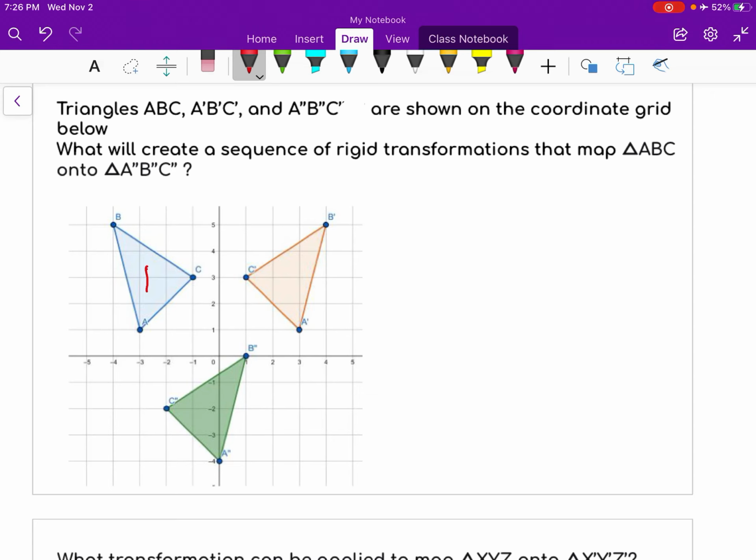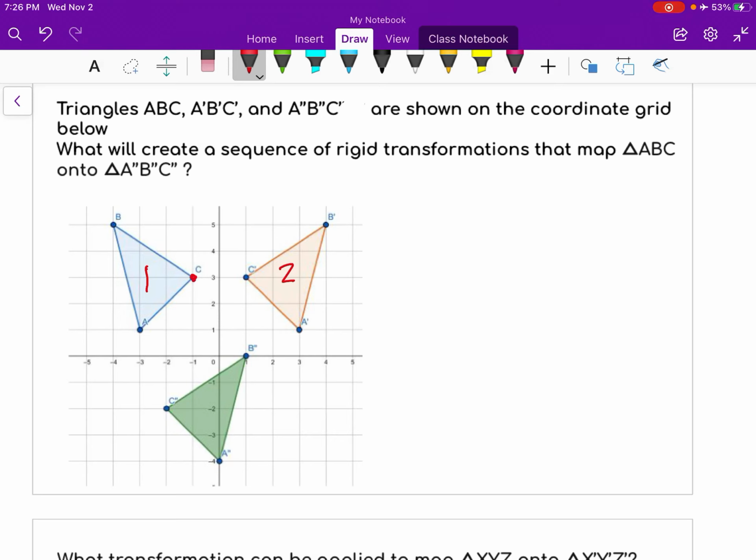A prime represents the image after the first transformation, so I'm going to label that with a 2. If we just focus on figures 1 and 2 for now, you can tell just by looking at the graph that this is a reflection over the y-axis. However, while we can look at the graph and see that, we do have to confirm using actual coordinates.